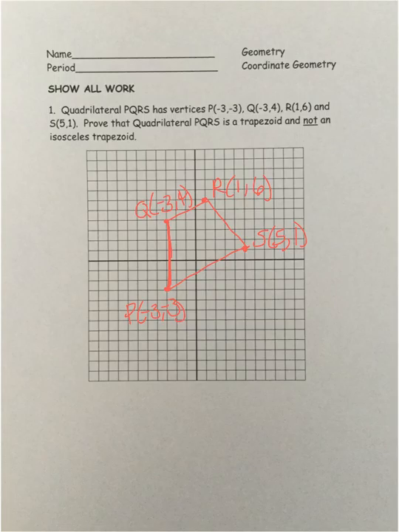I'm going to have to show that these two legs are not congruent. So this one I can just count: 1, 2, 3, 4, 5, 6, 7. This one I have to use the Pythagorean Theorem.